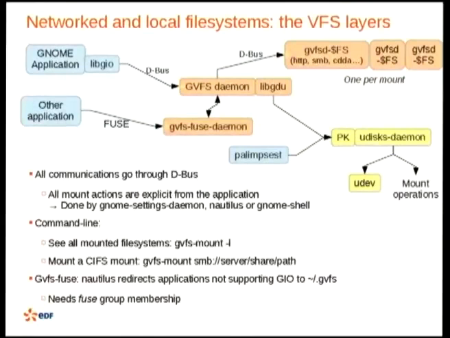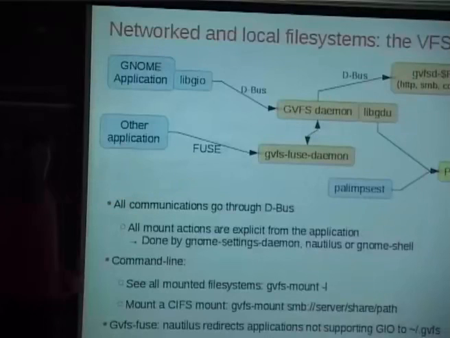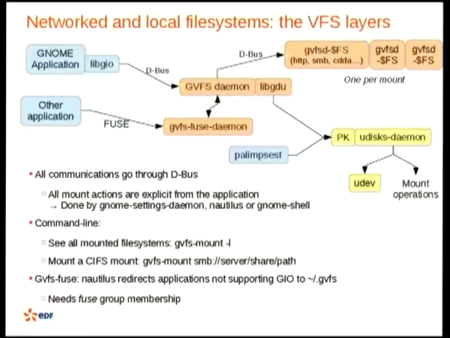So, for example, OpenOffice doesn't have GIO support, so Nautilus will start it by giving it the path to a file in this directory, and it will still transparently access the remote files. LibreOffice anyway uses GIO now, so it is not relevant anymore.